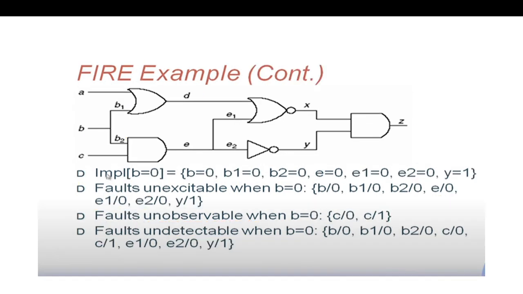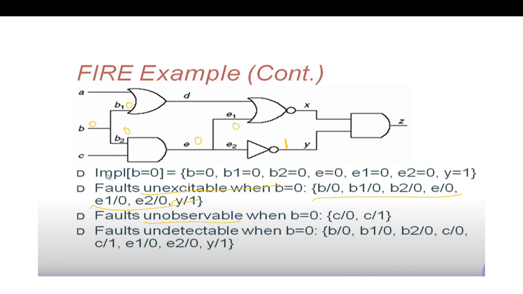Similarly, for another implication, when B is stuck at 0, this implies these are 0. Now, because of the controlling value to the AND gate, Y becomes 1. This is anyway non-controlling. E1 becomes 0. So the faults which are unexcitable will be the faults in these nodes, B0, because it needs the opposite value.